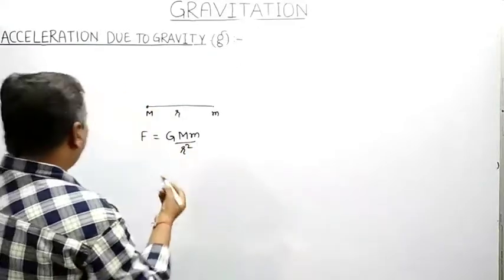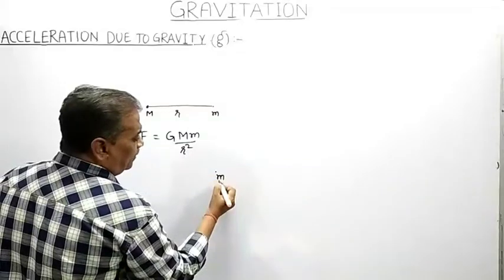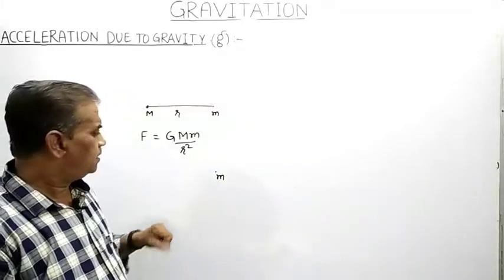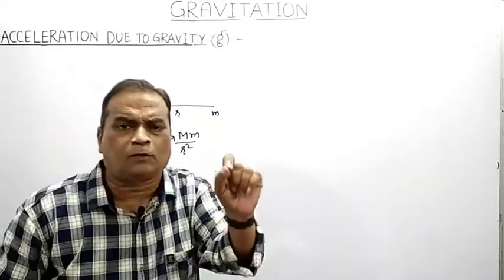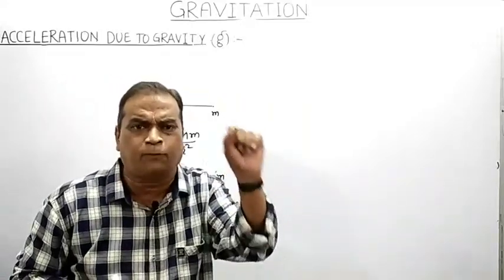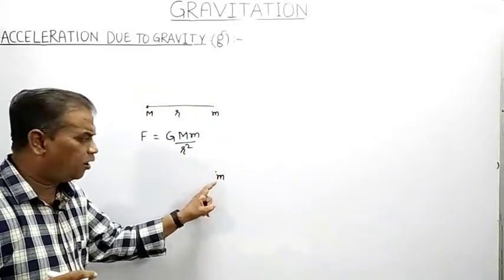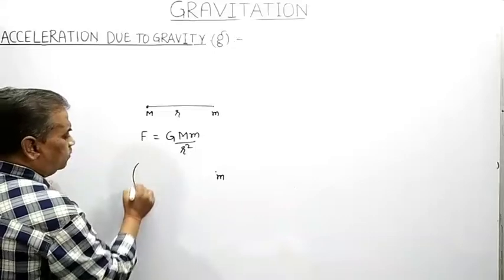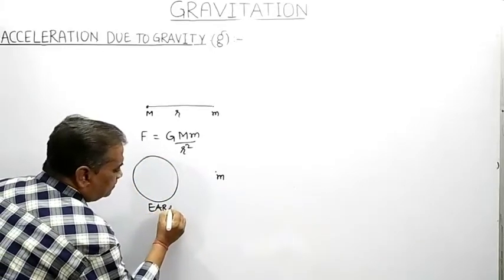Now, suppose we want to find the force of gravity on a point particle of mass small m. We want to find the gravitational force acting on a point object of mass small m due to an extended object like Earth.